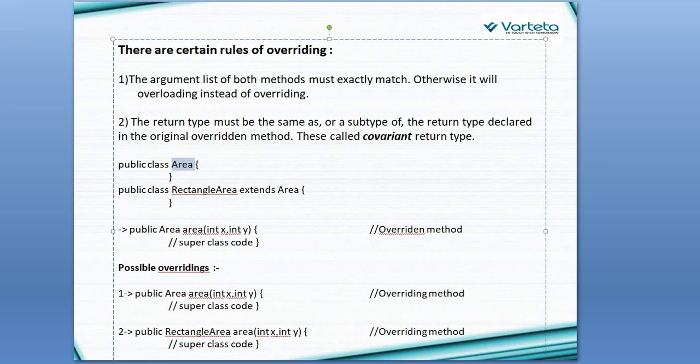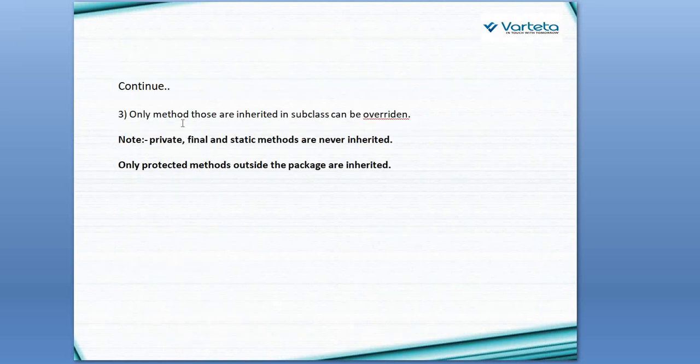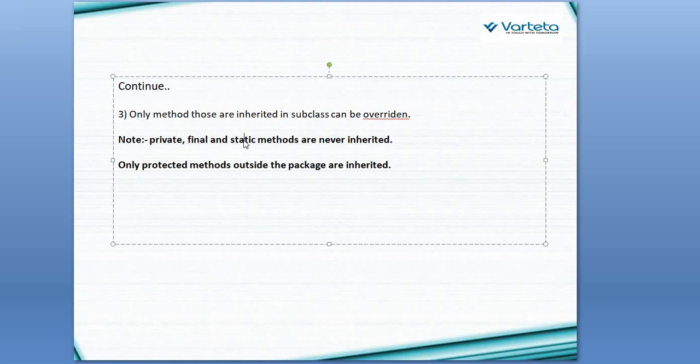Next rule is that only the methods that are inherited in the subclass can be overridden. First of all, those methods that are inherited from the superclass to the subclass can only be overridden. Private methods, final methods and static methods can never be inherited in the subclass. That means these types of methods cannot be overridden. Let's consider the default method first.